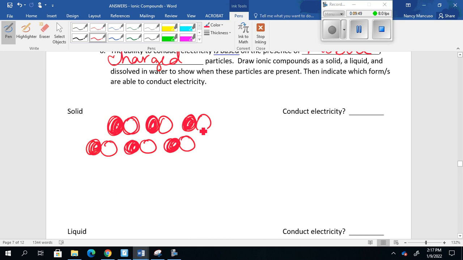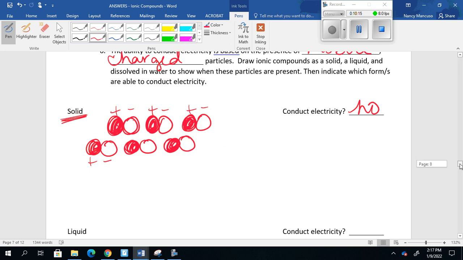So that's what it looks like as a solid, and it cannot conduct electricity because these particles aren't moving. I do have pluses and minuses, but they're not freely moving about. If I have a solid, they might be vibrating back and forth, but they are not freely moving around.